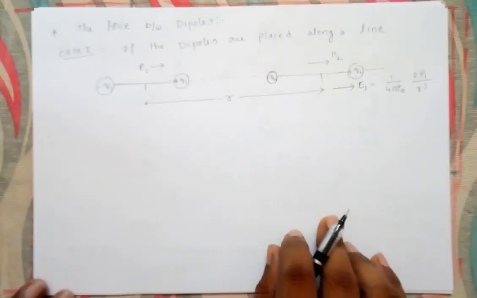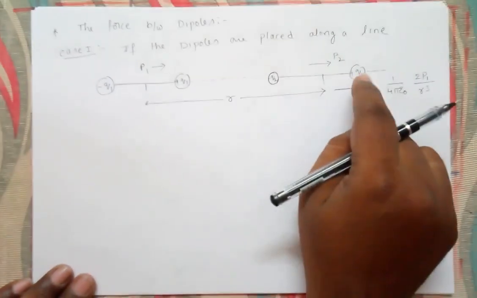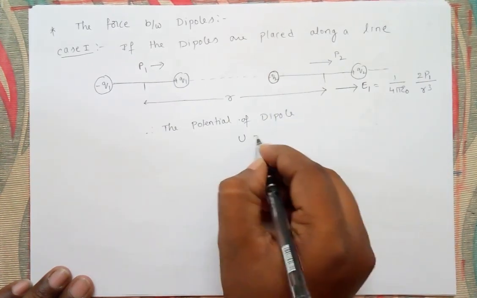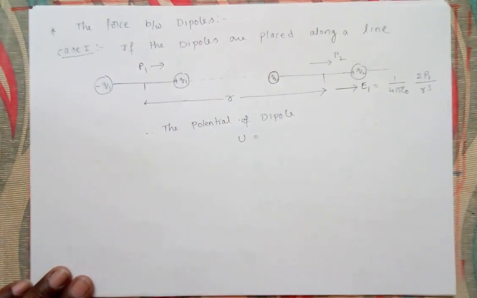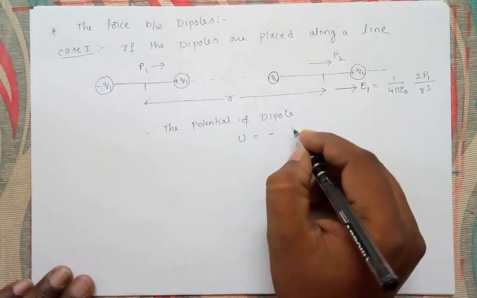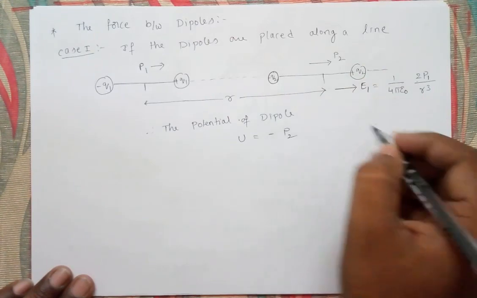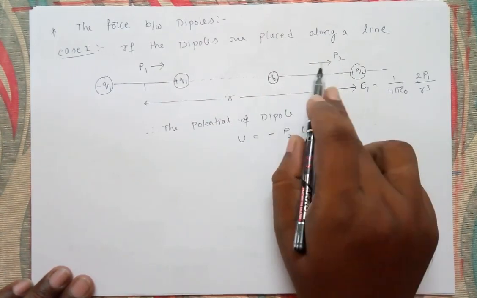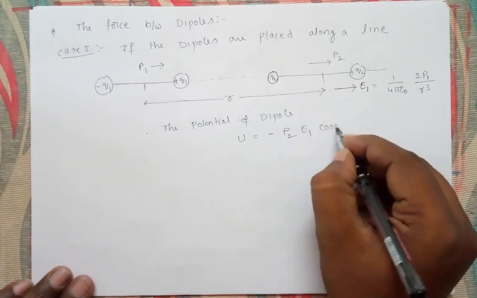Now you observe, this dipole produces electric field E1, and in this electric field the P2 dipole is there. Then how much potential energy is stored in this dipole? The potential energy of the dipole is U equal to minus PE cos theta, so minus P2 E1, and they are in the same direction, so cos 0.